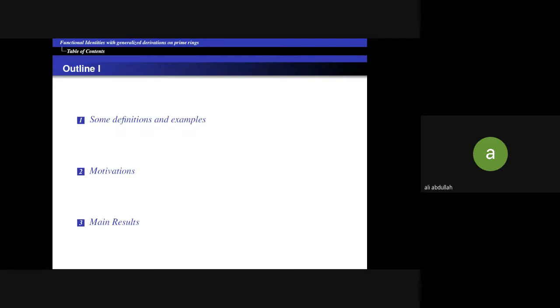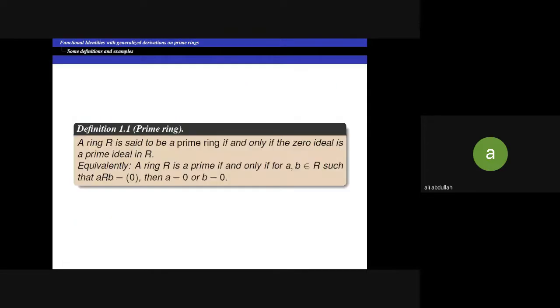This requires some definitions, examples, the motivations for us, and some of our main results. A ring is said to be a prime ring if and only if the zero ideal is a prime ideal in the ring R. Equivalently, a ring R is a prime ring if and only if for every a, b in R, if aRb equals 0, then a equals 0 or b equals 0.